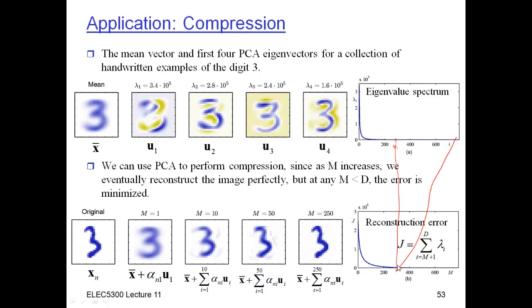So this point here is obtained by summing all of these values here. And so obviously the lower I make m, the more I sum over, and the larger this reconstruction error becomes.